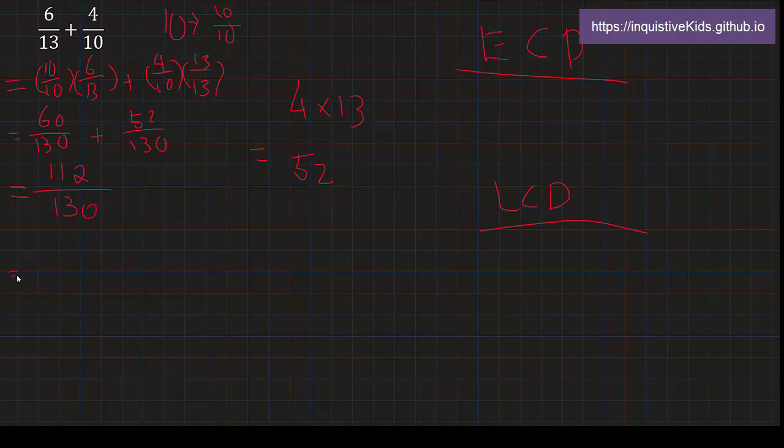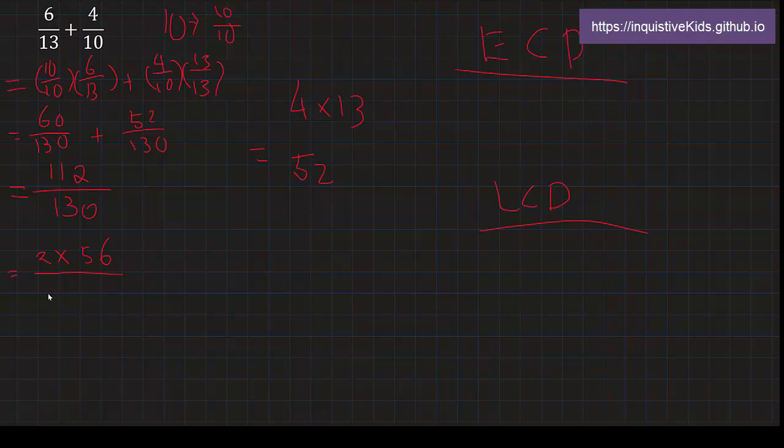Now remember, you always have to simplify the fraction. No matter what, you always have to simplify. So these are pretty big numbers, but we see that both of them are even. So we know that they can divide into 2's. So we can write the top as 2 times, what is 112 divided by 2? 56.